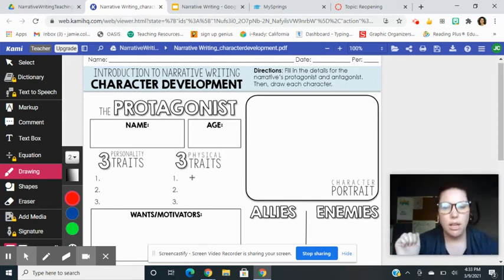Maybe they're tall. Maybe they're short. Maybe they have brown hair, blue eyes. What do they physically look like? If you can draw a picture of your character, that would be helpful for you to visualize. Or if you find a picture that you can use, like on Google, that will also portray your character.